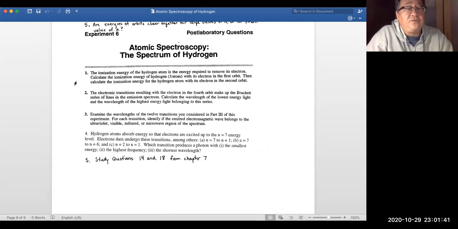Okay, and then number 2, the electronic transitions resulting with an electron in the fourth orbit make up the Brackett series of lines in the emission spectrum. Now, this is emission, which means energy is being emitted. Here, this is absorbed. Well, you can't see it, so I have to change my share. I wish there was an easier way to change share.